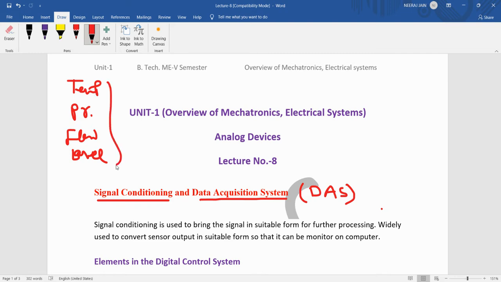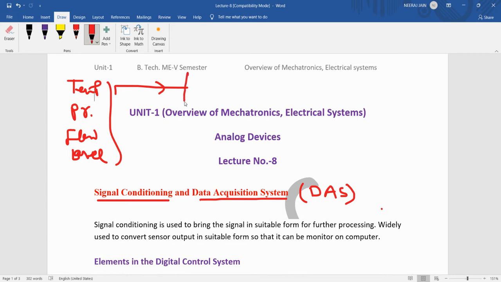If we want to sense these parameters, our transducer or sensor will convert them into electrical form. For further processing of these signals, it is necessary to bring them into a suitable form.